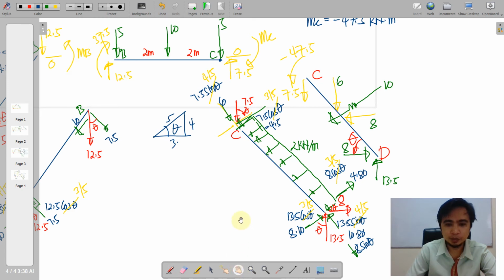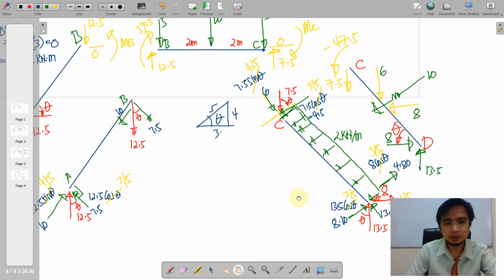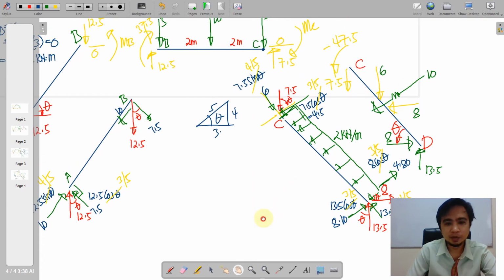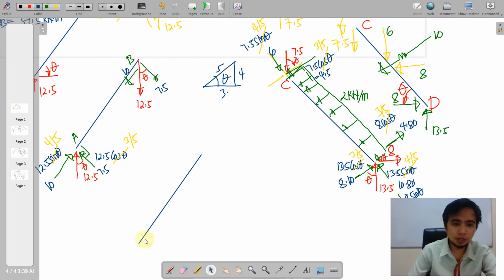Okay, so with this complete, forces all resolved along the axis of CD and perpendicular to it, we are now ready to establish our shear diagram of this frame member by member. Okay, so starting with the AB. So this is AB. We have here an outward 7.5.